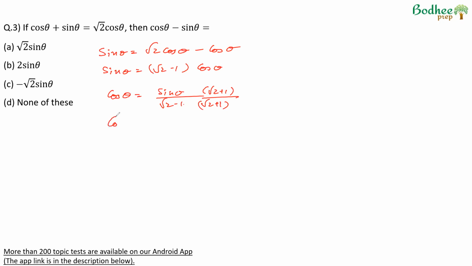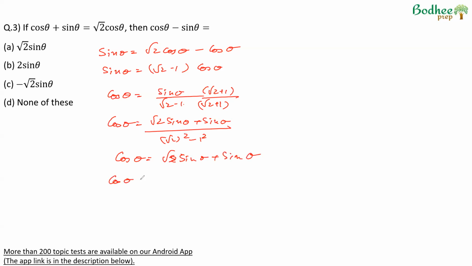So this becomes cos theta is equal to root 2 sine theta plus sine theta upon root 2 minus 1 into root 2 plus 1, which will be root 2 square minus 1 square, which becomes 1. And therefore, cos theta is equal to root 2 sine theta plus sine theta, which means cos theta minus sine theta will be nothing but root 2 sine theta.